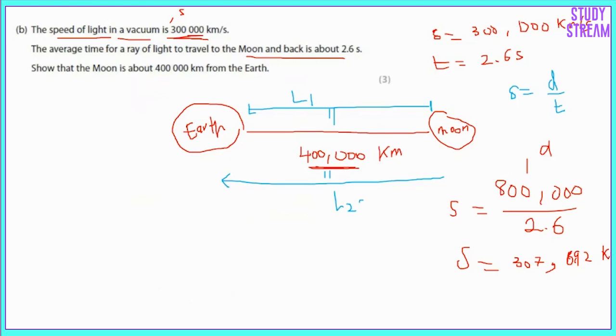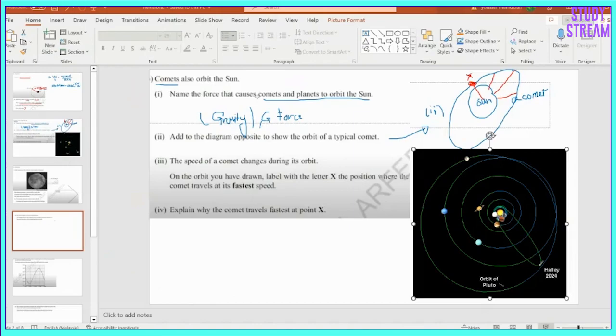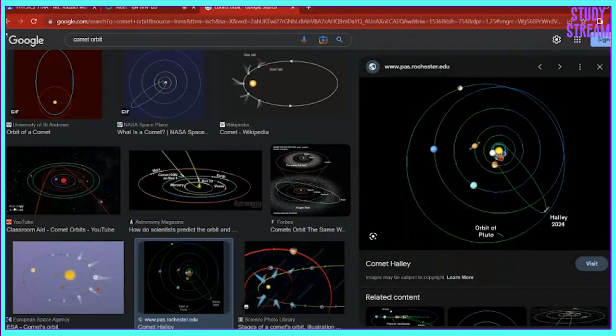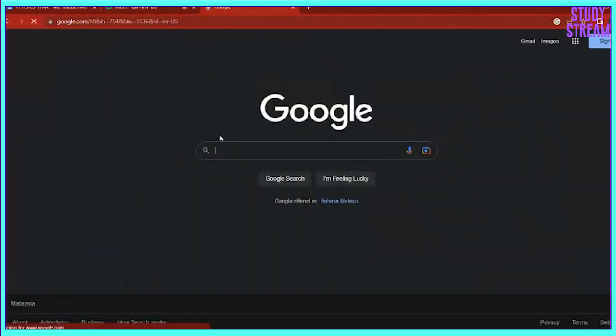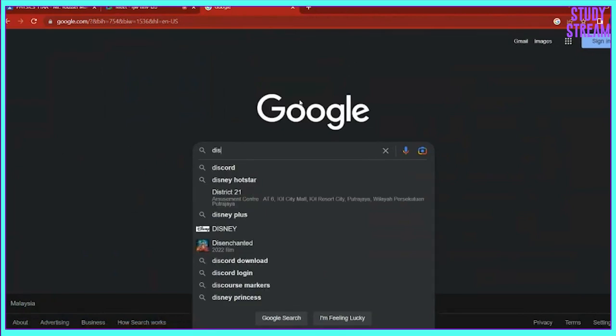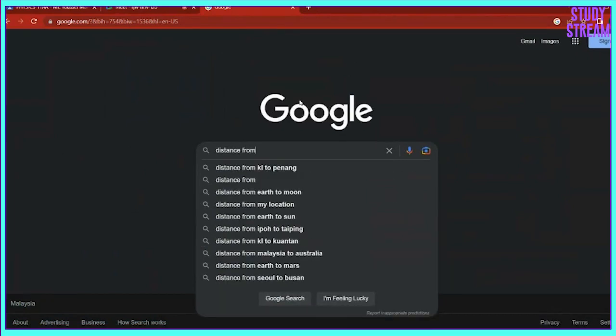So does that make our answer close enough? I think it's close enough to 300,000. So that could be an error in the distance. So maybe the distance is not exactly 400,000 kilometers. Maybe it's an estimation. Actually, we can check the distance from the moon.